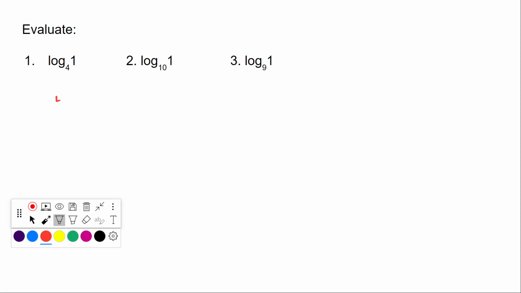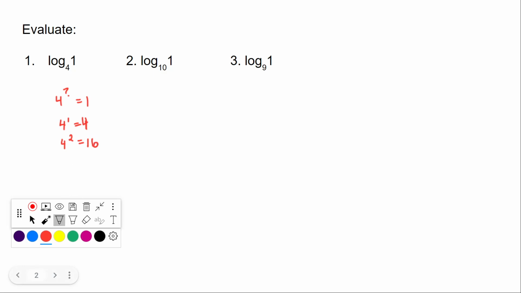So what power of 4 is going to equal 1? Well, we know that 4 to the 1st is 4, excuse me. 4 to the 2nd is 16.